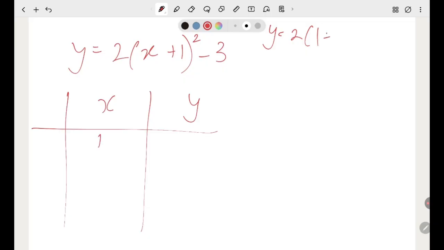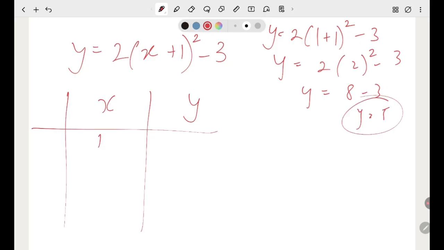When we take x = 1, (1 + 1) squared minus 3, we have 5. So let's take another value.